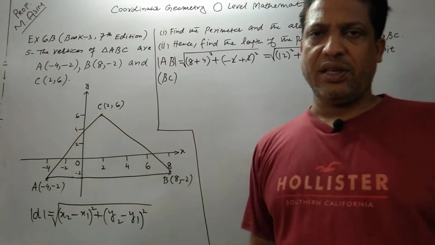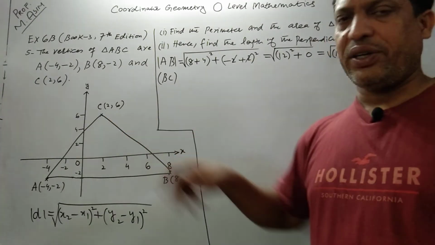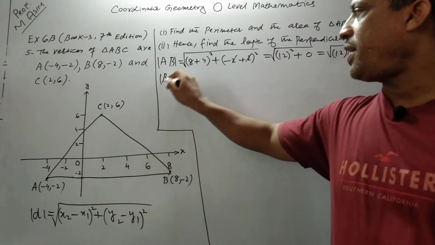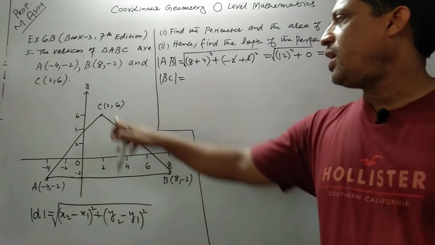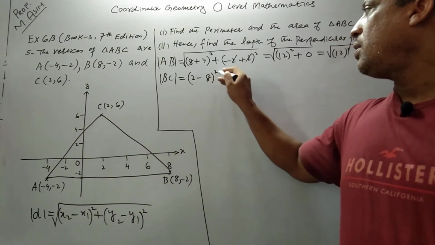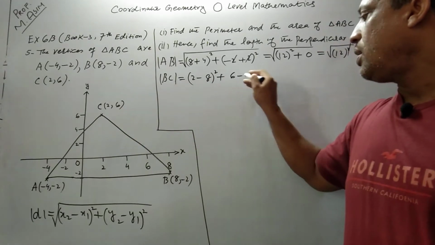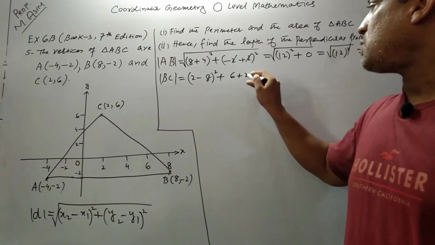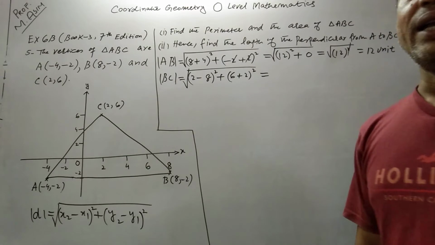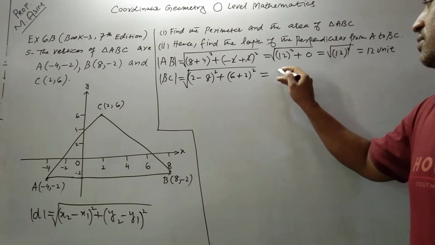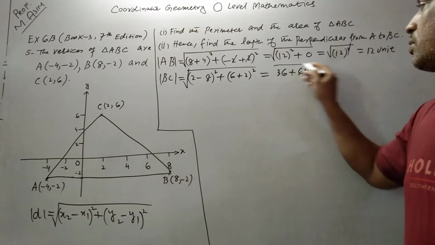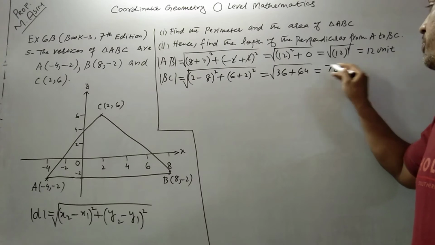This is B, this is C. So this is x1, y1, and this is x2, y2. There should be a modulus sign because the distance is always positive. x2 minus x1, 8 square, plus y2 minus y1: y1 is minus 2, minus minus plus 2, square, all under the square root. 2 minus 8 is minus 6, square is 36. 6 plus 2 is 8, 8 square is 64. 36 plus 64 is 100.